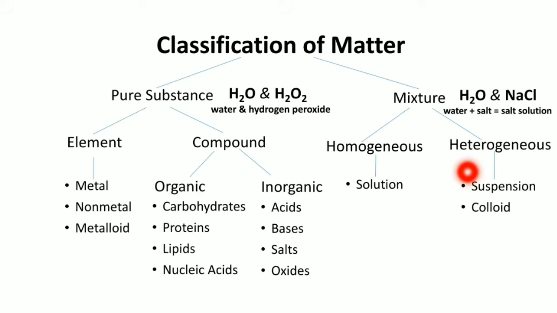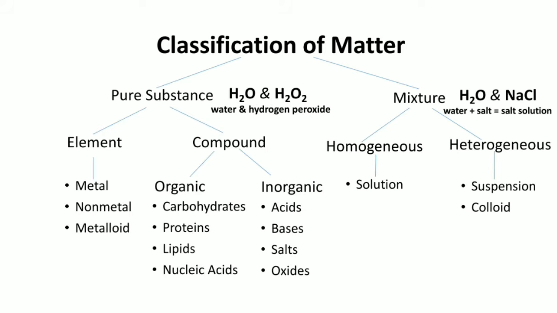Suspension, for example, when you mix oil and water, you notice that one settles on top of the other because they are insoluble. Oil is insoluble with the universal solvent water. So no matter how much effort you try in mixing them, they will form layers. So the formation of layers indicates that the mixture is a suspension.